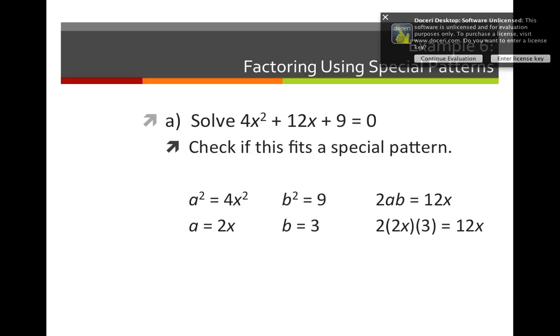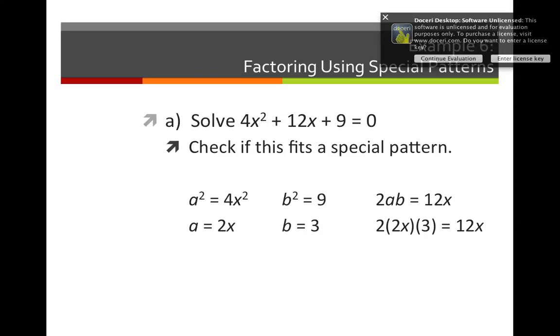So if a squared is equal to 4x squared, then that would mean a is 2x. And if b squared is equal to 9, then b would have to be 3. So taking 2 times a times b means we're taking 2 times 2x times 3. And if we multiply that all together, we really do get 12x.